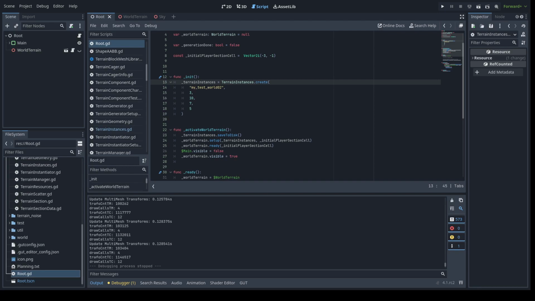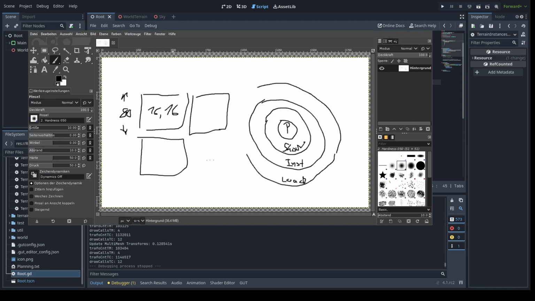What you see here are some numbers which describe how far the cells are calculated, and I prepared something for showing you that the sections I use for the Minecraft terrain are 16 by 16 and 80 cells high.